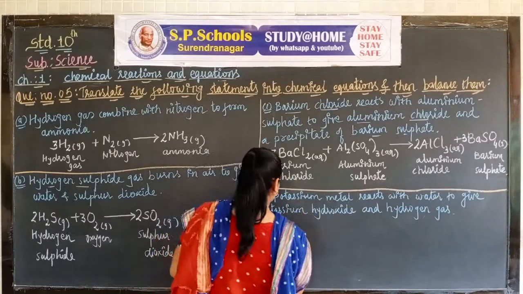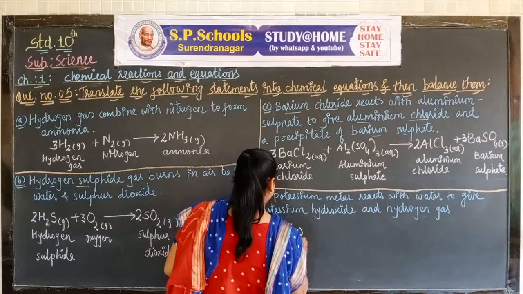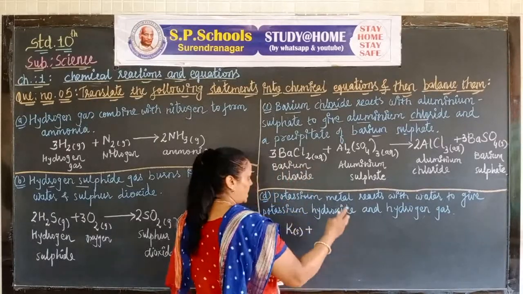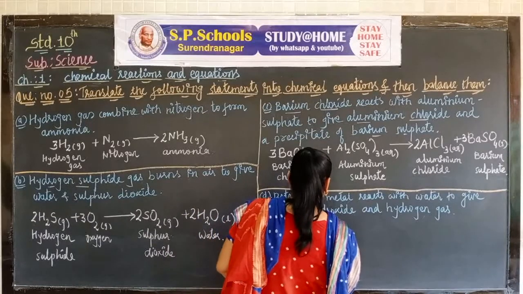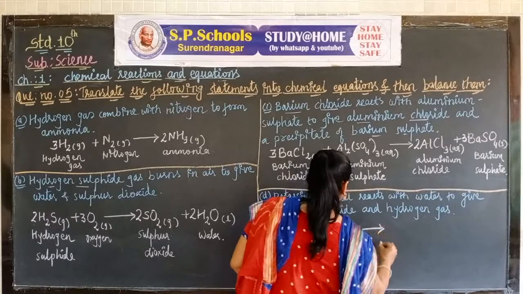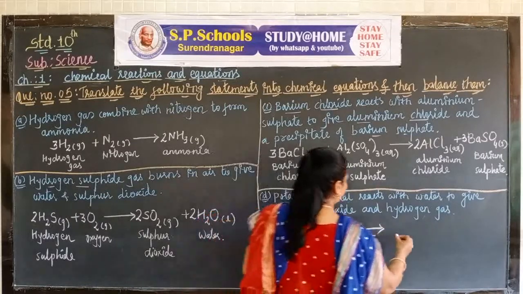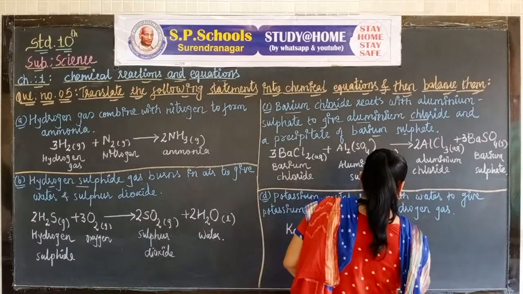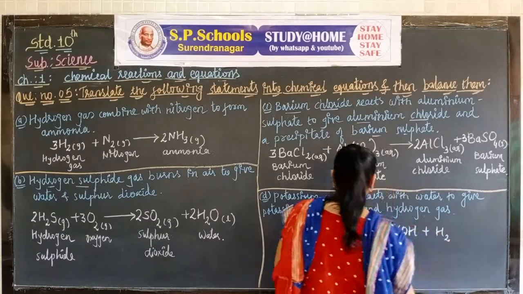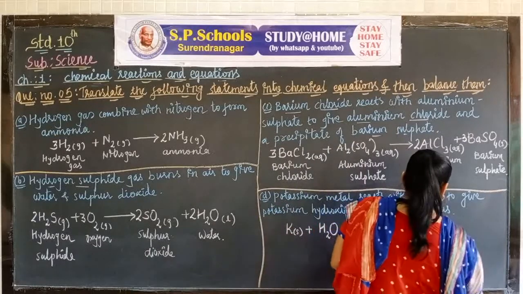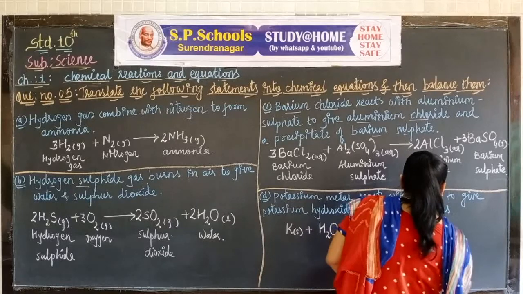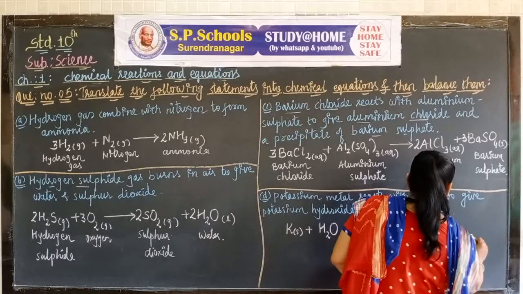Potassium metal, so capital K, solid, metal is always in solid form, with water, H2O here, liquid, gives us potassium hydroxide, KOH, potassium hydroxide, so it will be in aqueous form, plus hydrogen gas.